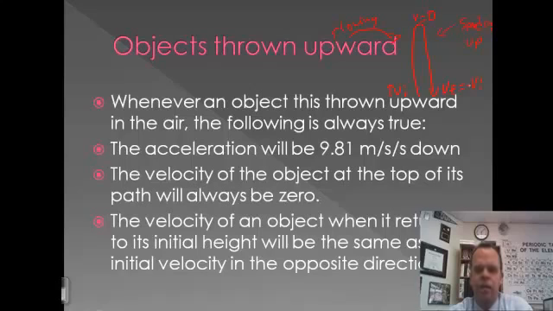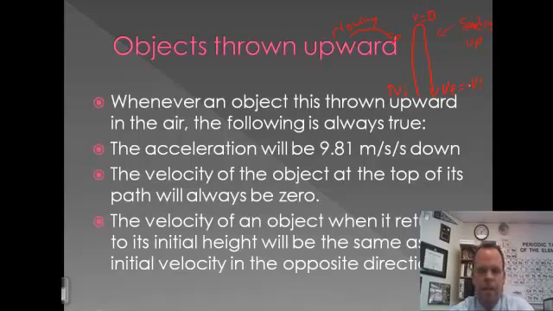And it will reach the original starting point at the opposite of the initial velocity, so negative instead of positive. The acceleration the entire time is 9.81. Even at the highest point when it is not moving, it is still accelerating at 9.81 down.